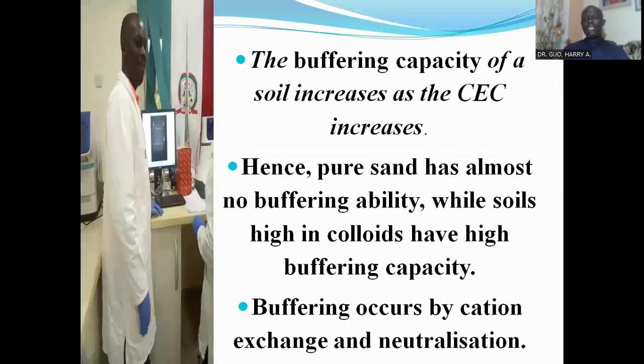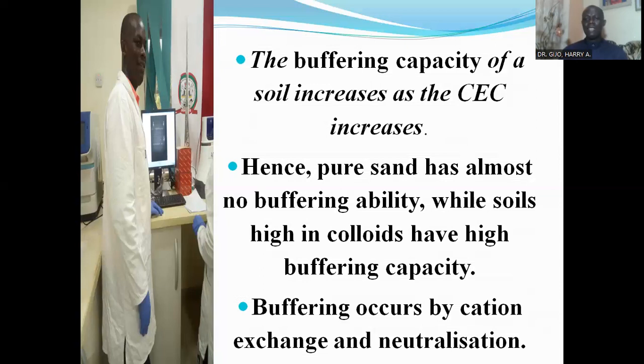The buffering capacity of a soil increases as the cation exchange capacity increases. Hence, pure sand has almost no buffering ability, while soils high in colloids have high buffering capacity.